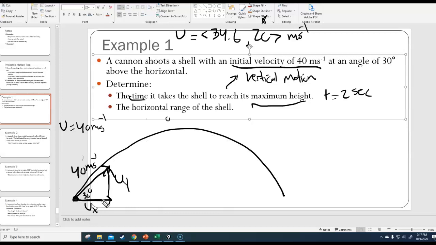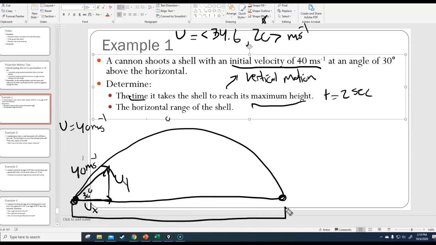And so if I want to know the horizontal range, that basically means from here to here, how far did it travel? What is my horizontal displacement? What is Sx? That is what horizontal range is. Okay, anytime you see range mentioned in a question, it's asking for horizontal displacement.